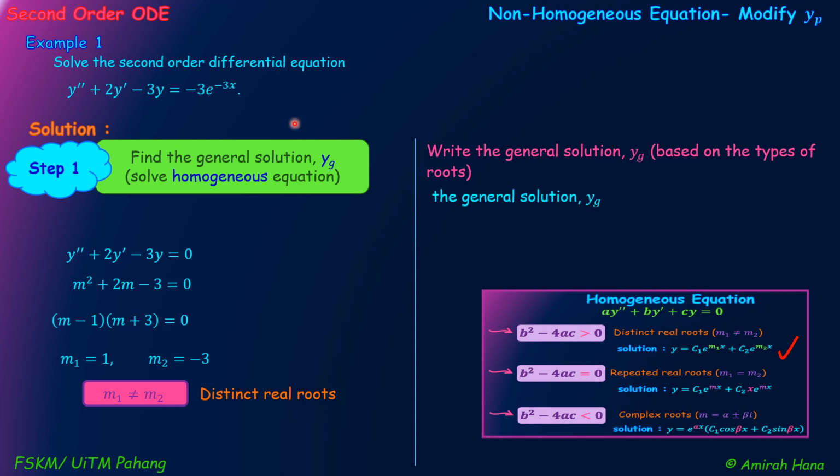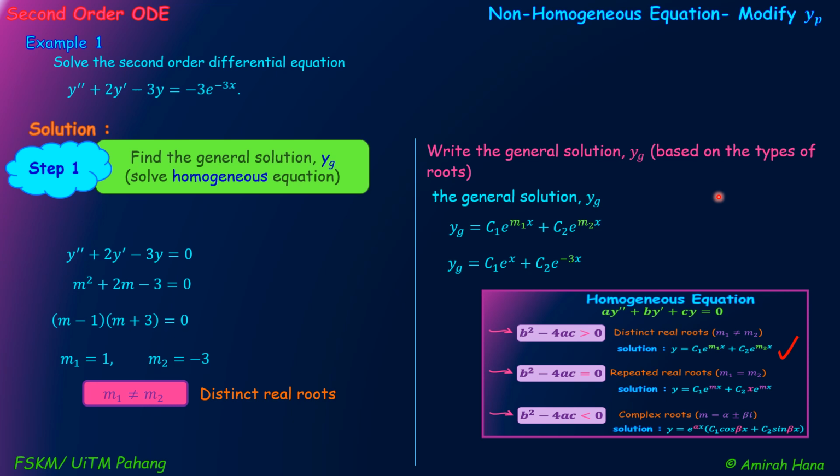So from here we can write the general solution YG equals to this formula. Then we can replace m1 equals to 1 and replace m2 equals to -3.